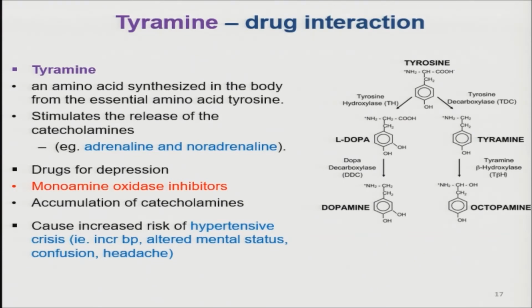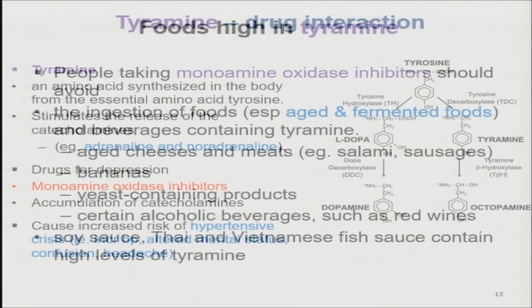It stimulates the release of the catecholamine, for example, adrenaline and noradrenaline. Drug for depression, for example, monoamine oxidase inhibitor, cause accumulation of catecholamine because increased risk of hypertension crisis. This is the tyramine interaction with monoamine oxidase inhibitor.